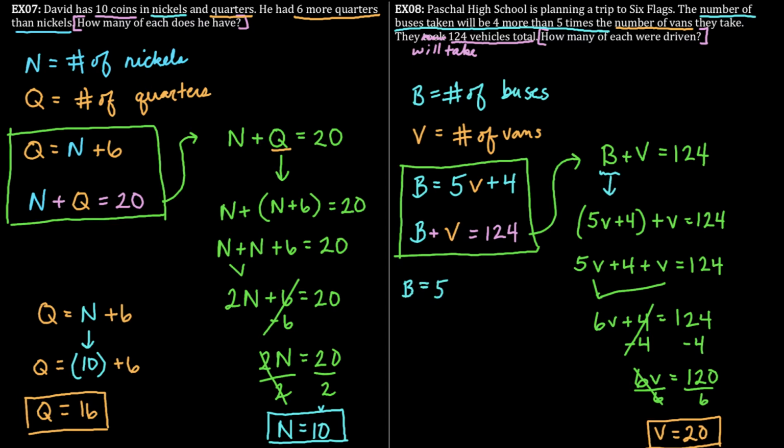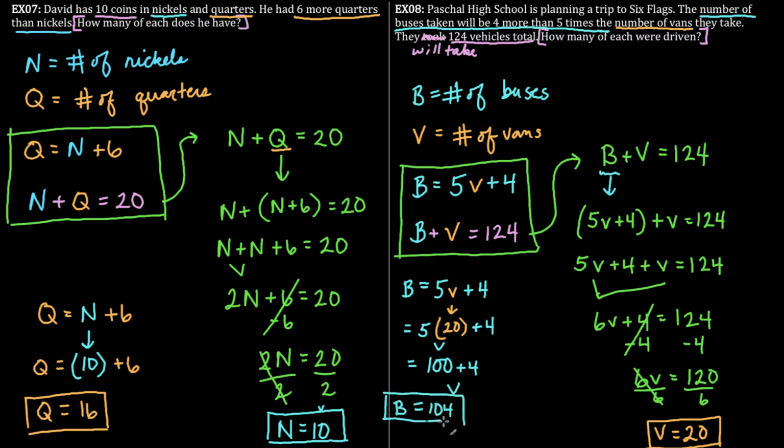But instead of V, I'm going to substitute in 20. So I get 5 times 20 plus 4. 5 times 20 is 100. 100 plus 4 is 104.